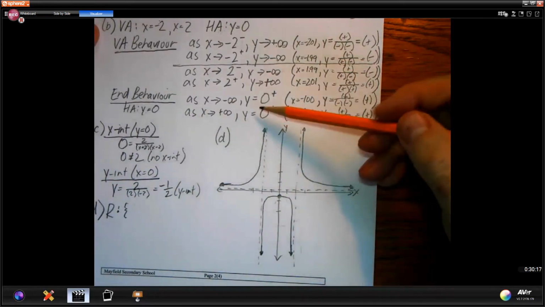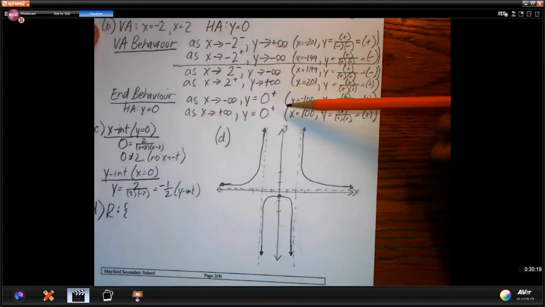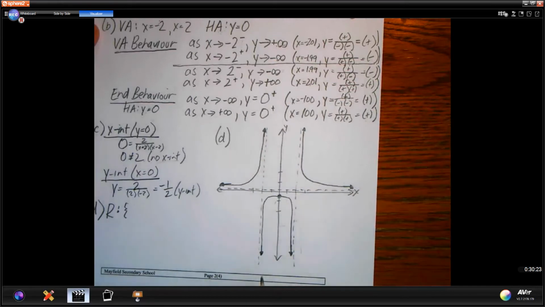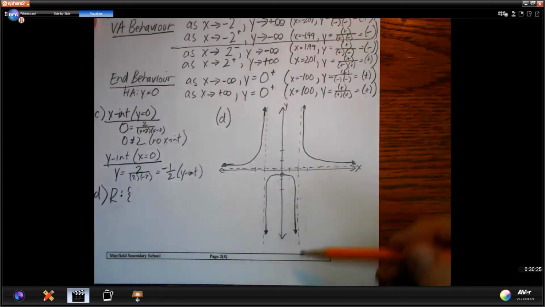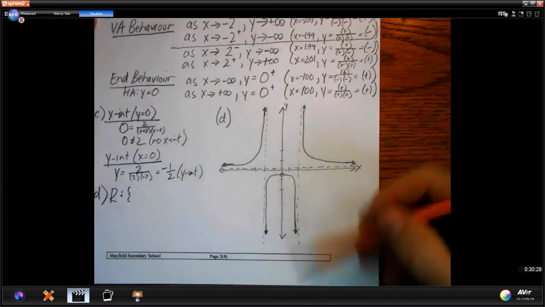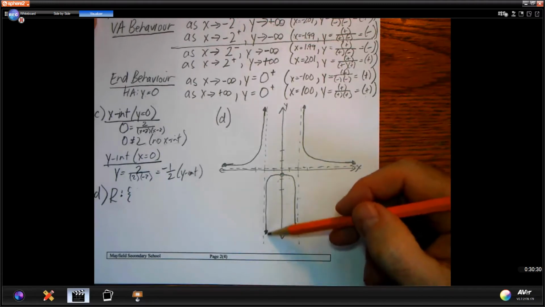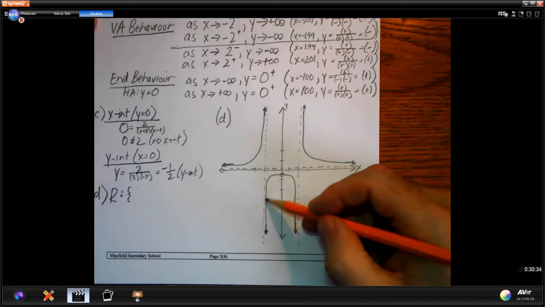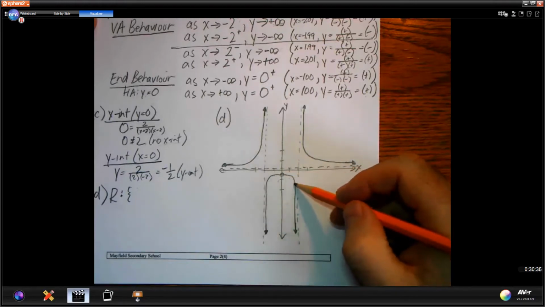So if I'm thinking about what are the possible values of y, well, I could start at the bottom of y. I can definitely see from these two arrows that every negative value of y is covered. And as I go north or up, I can see that it's going to reach a point here where it's going to stop.